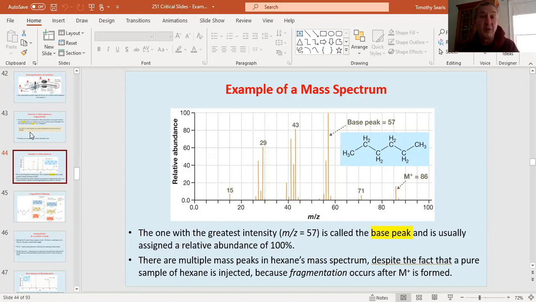Or the methyl bit had the single electron, or the 71 got the electron and the methyl got the positive charge, and you would expect 71 and 15, and there they are, the two fragments. Or you could knock off CH3CH2, and then you'd have a mass of 29. Or you could knock off a propyl, and you'd have a mass. You can see what's going on.